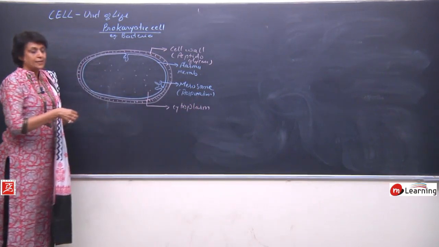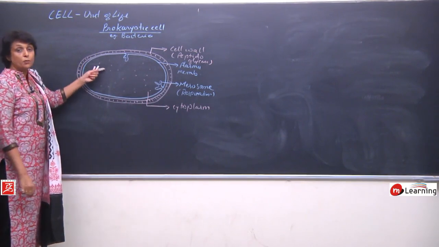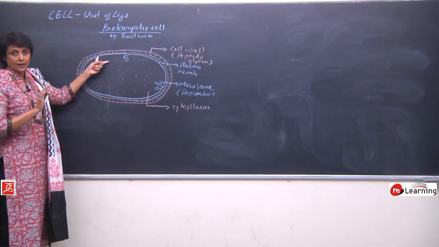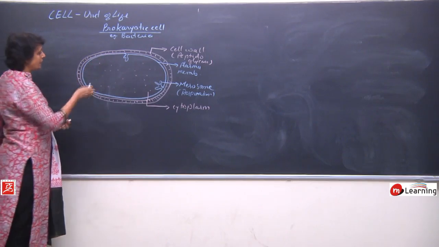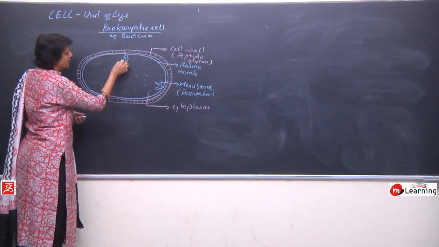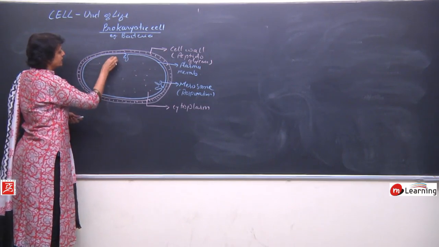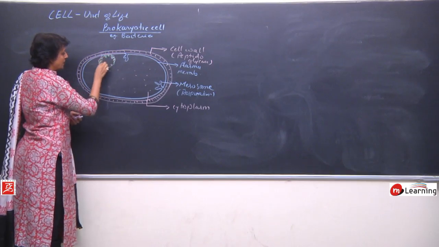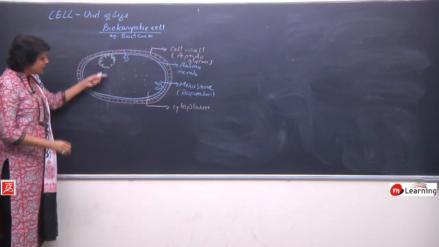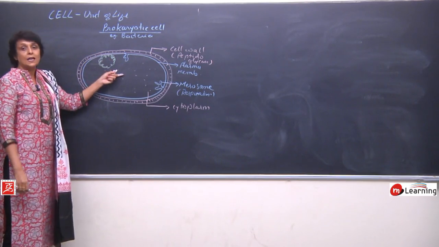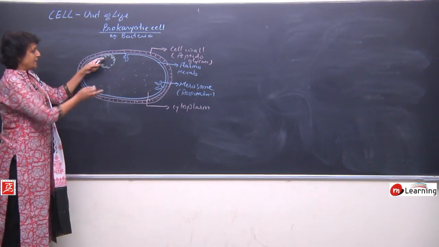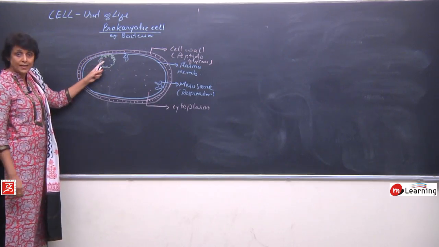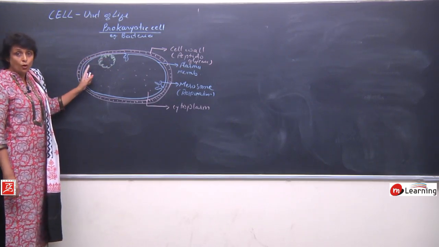In this cytoplasm, the genetic material, this is a prokaryotic cell. So genetic material is without any membrane. That means there is no nuclear membrane. Circular genetic material, DNA. Normally this DNA is found attached to the plasma membrane at one point. It will detach from the plasma membrane when the cell has to divide. So it remains attached to one side of the plasma membrane most of the time. It is circular DNA and there is no membrane.